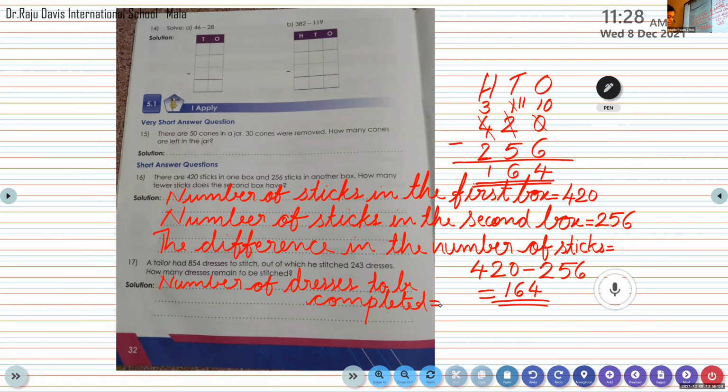Number of dresses to be stitched. How many? 854.